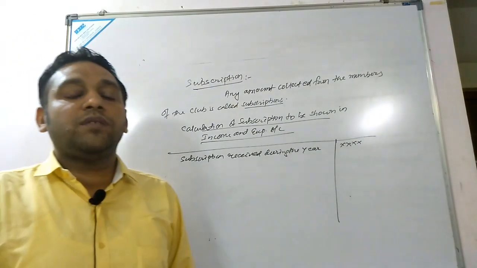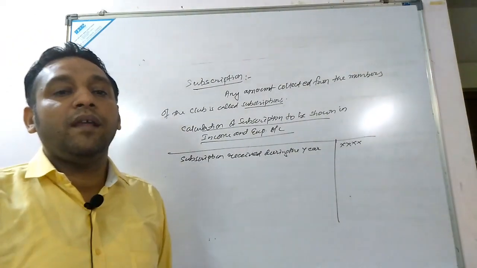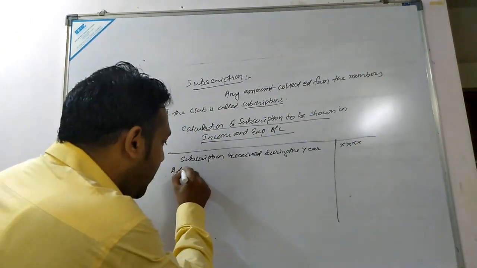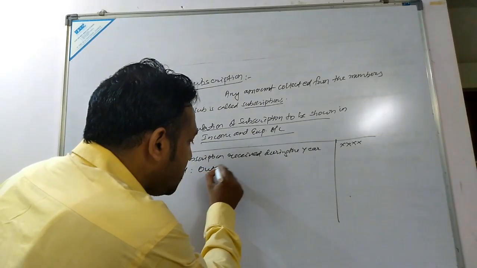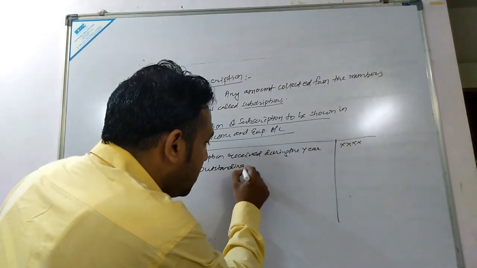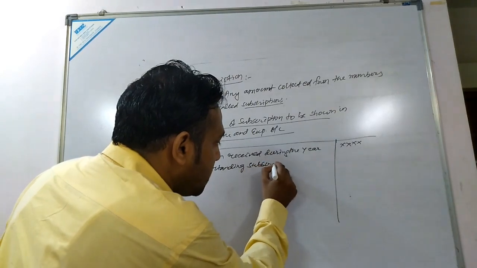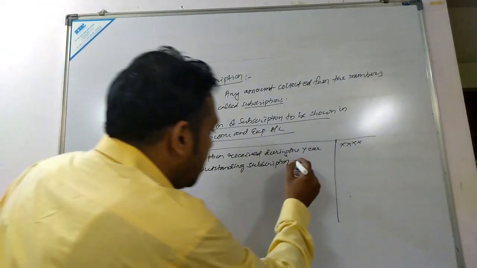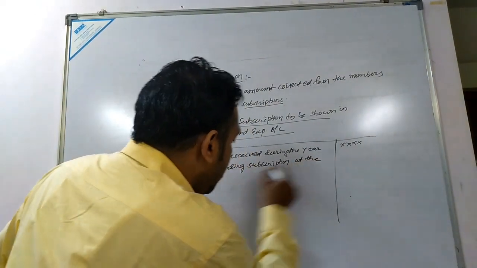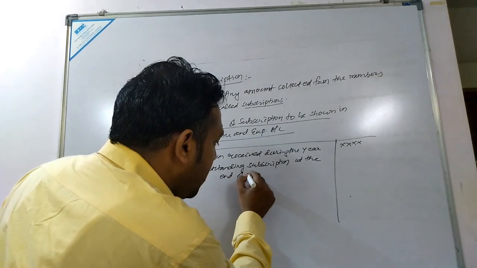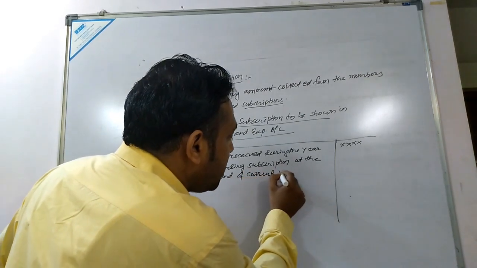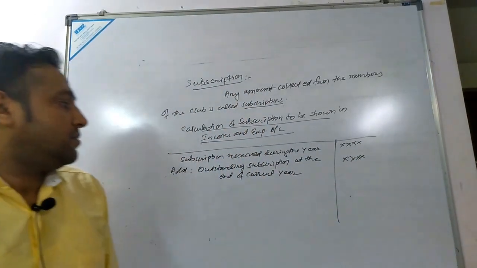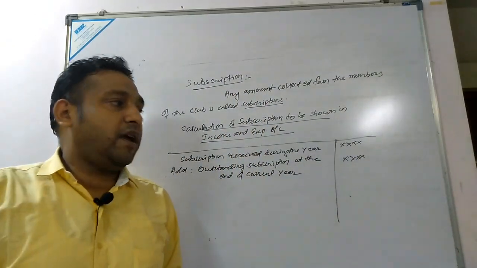Now we have two things: one is outstanding, the other is paid in advance, that is prepaid subscription. We have to add the outstanding subscription at the end of the current year.